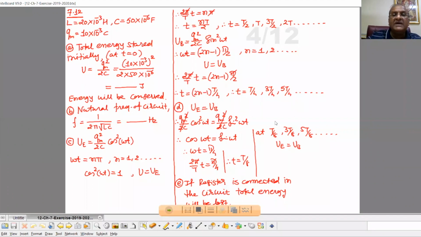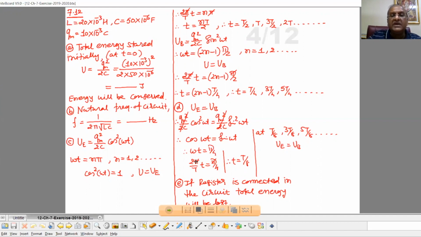Shared equally, it implies that the electric energy and magnetic energy, that is same one. So at any instant, we can write electric energy, that is Qm square by 2C cos square omega t, and magnetic energy Qm square by 2C sin square omega t, and compare these two. So cos omega t equal to sin omega t, and that is possible only when omega t equal to pi by 4.